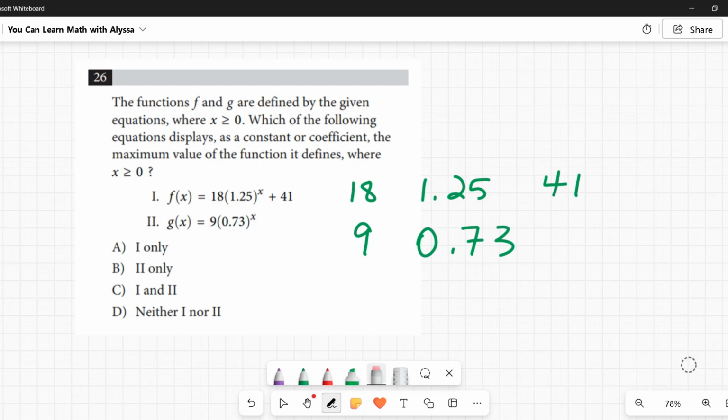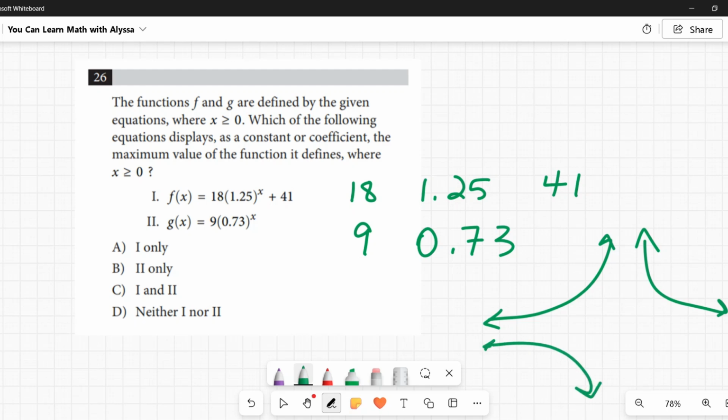Exponentials can come in 4 different varieties. They can look like this, like this, like this, or like this. Those are your four main varieties of exponentials. In this case right here, they're going down to the left, and they're going up forever to the right.